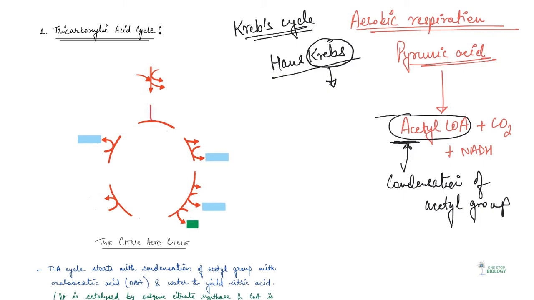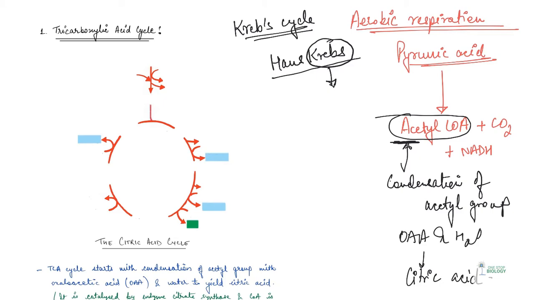With oxaloacetic acid and water, and this produces citric acid, right? So basically, guys, this particular reaction is catalyzed by the enzyme citrate synthase, and a molecule of coenzyme A is released. Remember, a molecule of coenzyme A is released, right? So let's see exactly how it happens, guys.